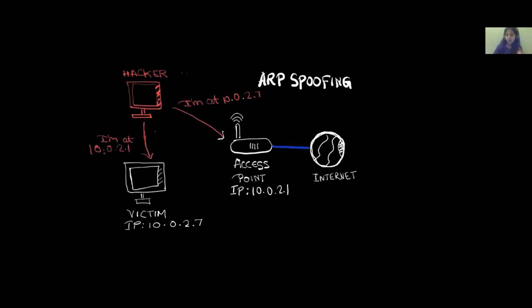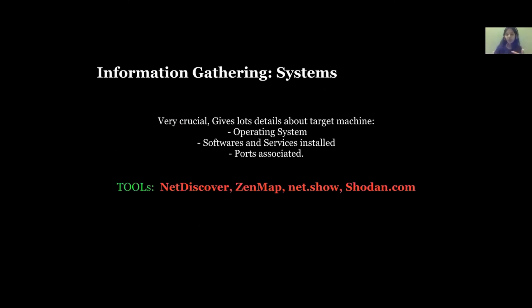Before you can get into post-connection attacks, there is a very important step: information gathering. All hackers consider information gathering very crucial. Unless they get lots of details about the network and the clients, they won't be able to carry out their attacks.